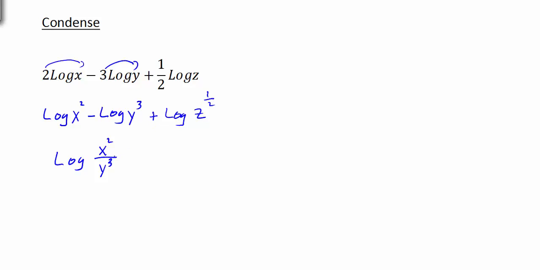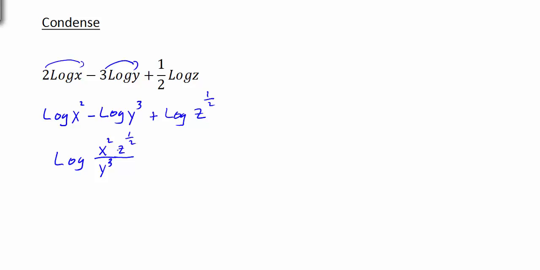Because it's plus, once again, that's going to go in the numerator. So that would be z to the 1/2 power. So again, if it's multiplied, it goes on the top. If it's dividing, I'm sorry, if you're subtracting, your piece is going to go on the bottom. If it's addition, then it's going to go on top for your multiplication.